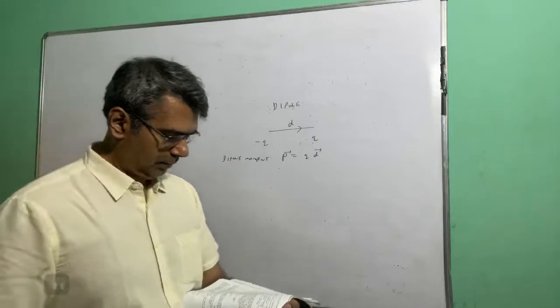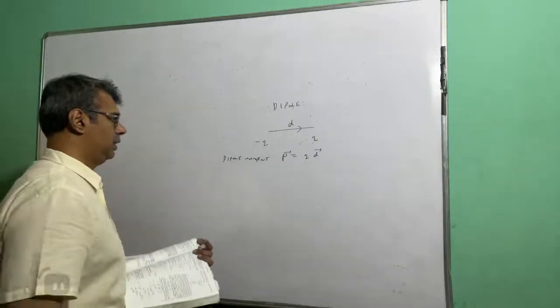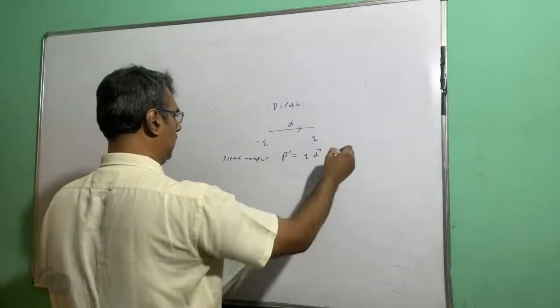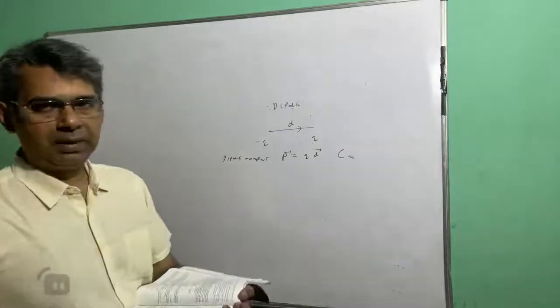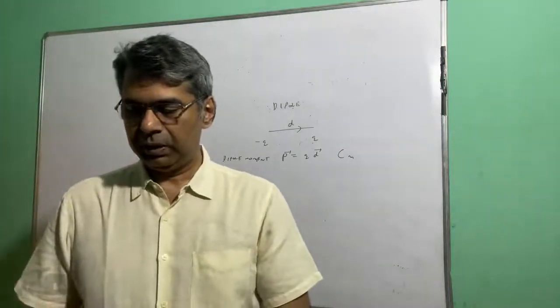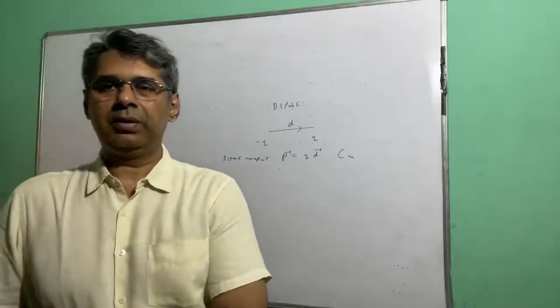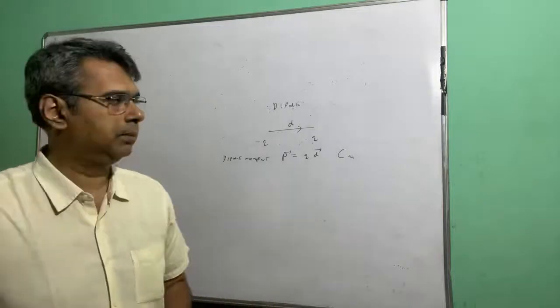The SI unit is coulomb meter. You are aware, thanks to chemistry, that there is another unit, the debye. But we are not really doing polar molecules now, so we don't have to discuss anything beyond coulomb meter.